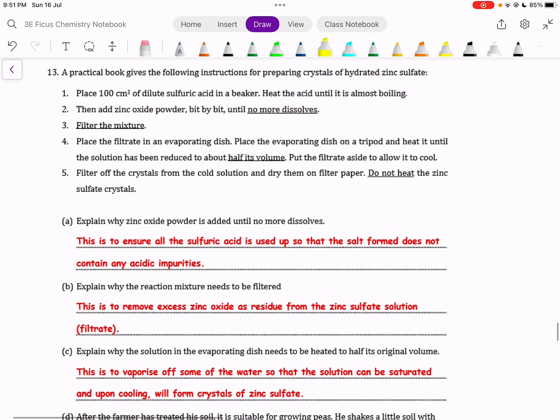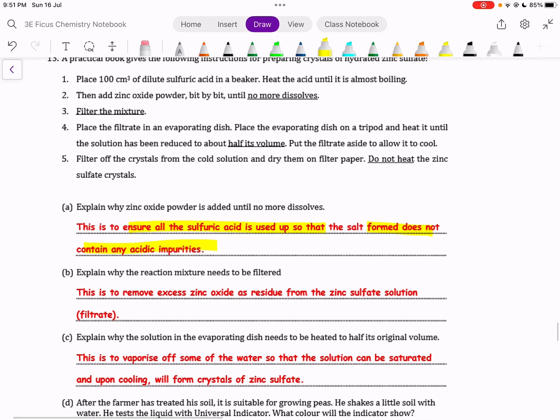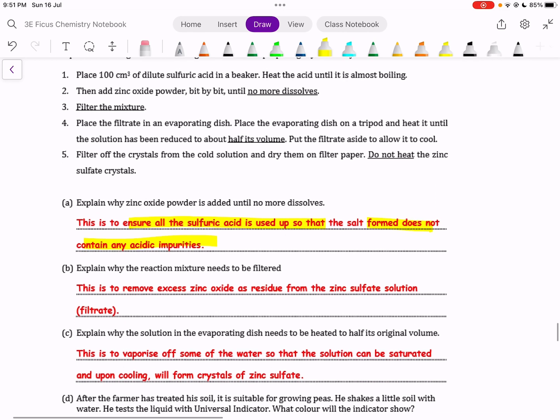Now we need to explain why they do certain things. Explain why zinc oxide powder is added until no more dissolves. The reason is so that you ensure all the sulfuric acid has been used up, so the salt no longer contains any acidic impurity. Then you can just filter out the zinc oxide powder. Next, why does the reaction mixture need to be filtered?